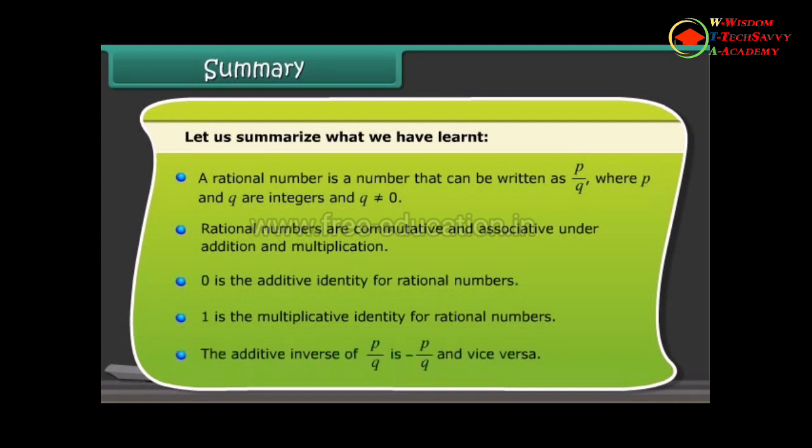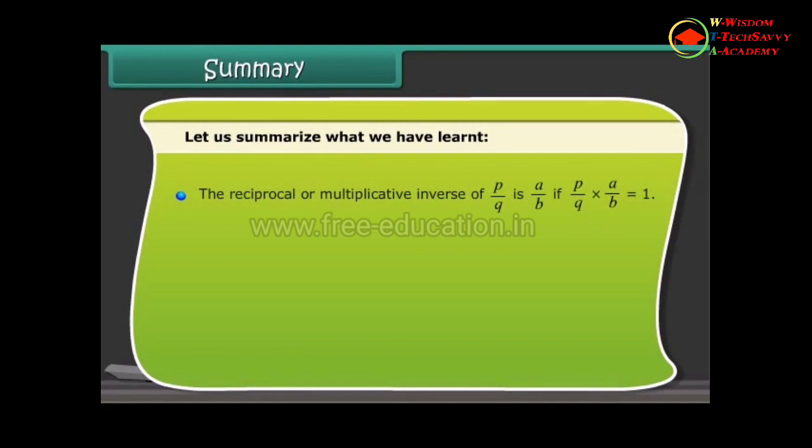The additive inverse of P upon Q is minus P upon Q and vice versa. The reciprocal or multiplicative inverse of P upon Q is A upon B if P upon Q into A upon B is equal to 1.